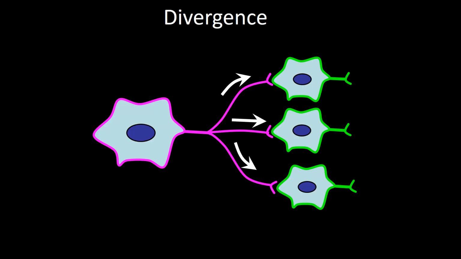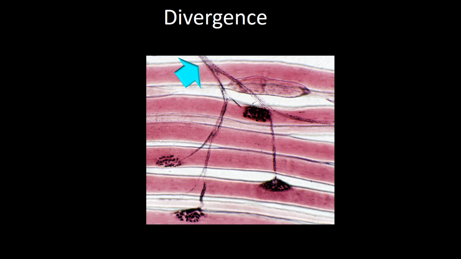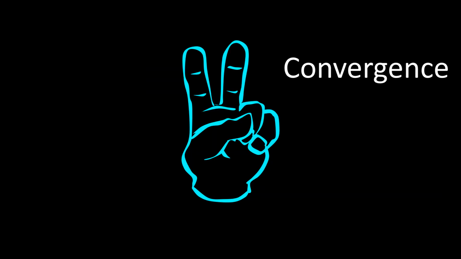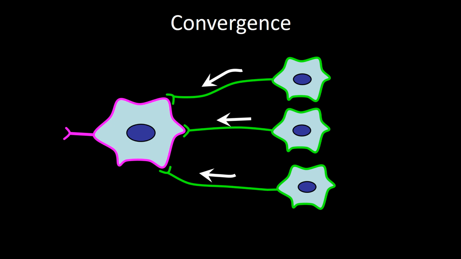Divergence implies that one neuron activation leads to activation of more than one neuron or an organ. The best example is found in the peripheral nervous system. One motor neuron activation leads to contraction of multiple muscle fibers. The second is convergence. Convergence implies that more than one neuron activation converges in a single neuron.